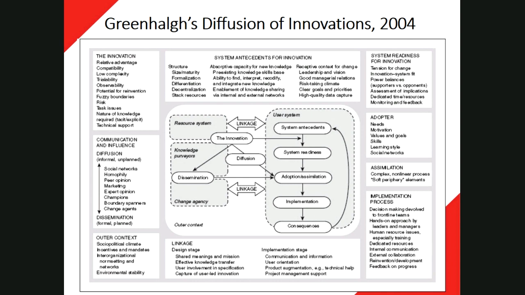Ultimately, you want diffusion to lead to adoption, to assimilation, and ultimately to dissemination, which is where you take the outcomes and the findings and apply them further than what was done in the project. What are the practice implications? How are we going to change practice and sustain it?